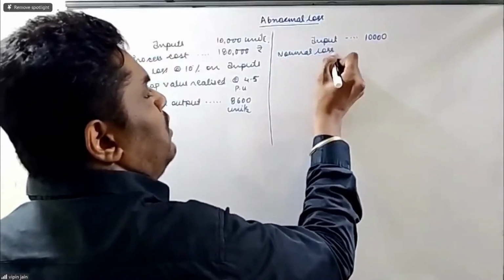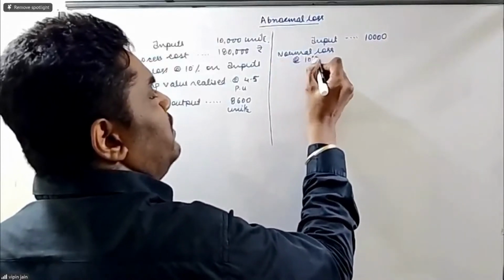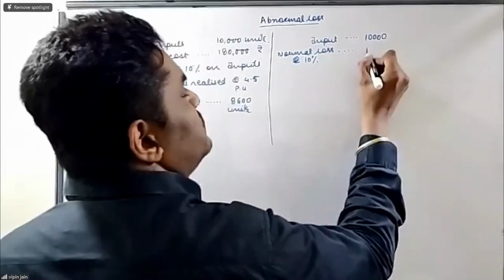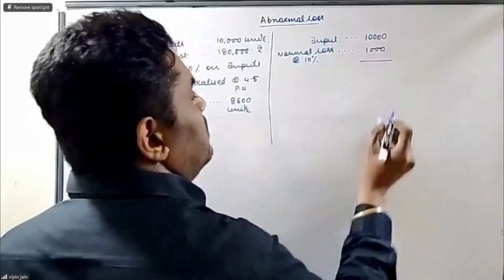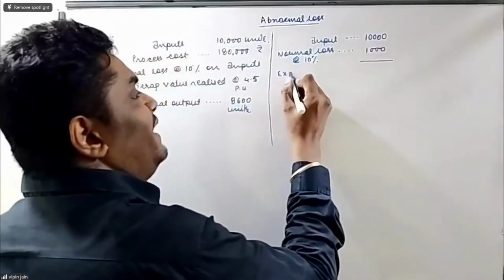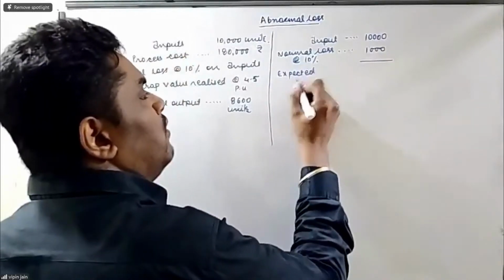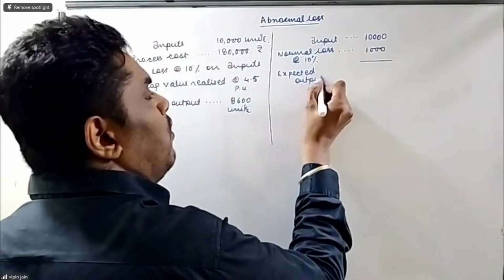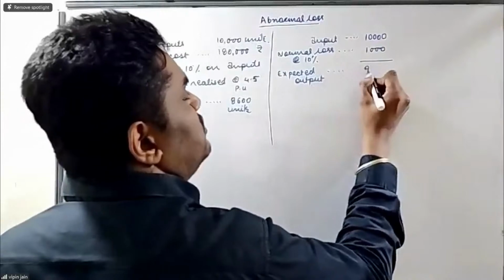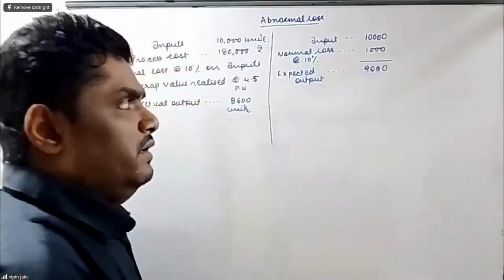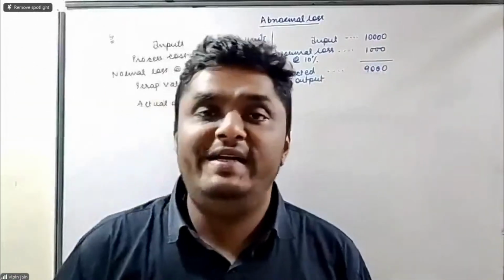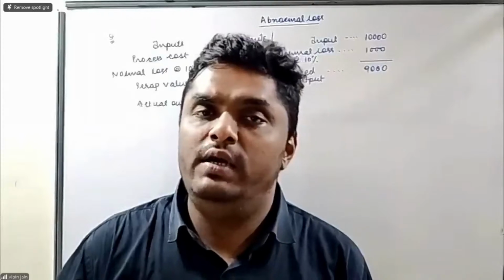My normal loss is 10% of input, that is 1,000 units. So my expected output is how much? 9,000 units. This is what my expected output is, that is 9,000 units.